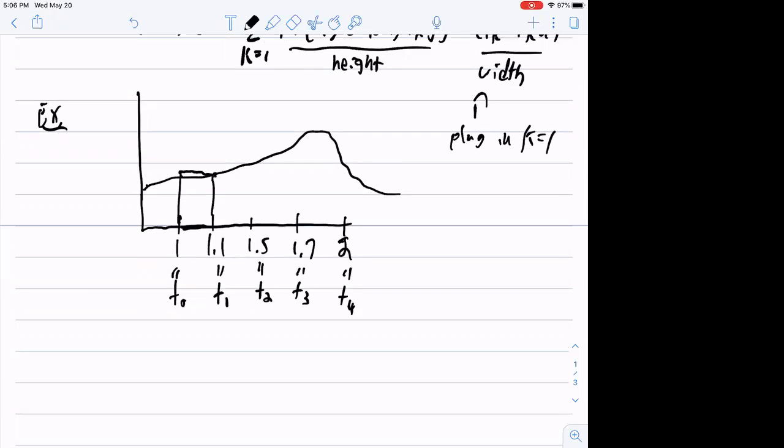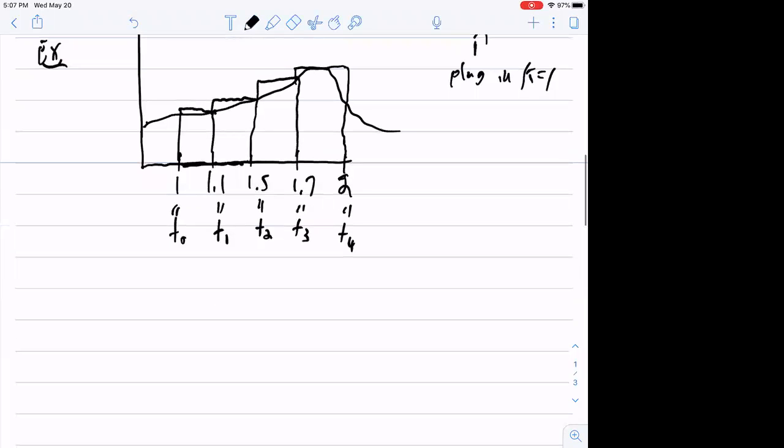Then I go to the next one, take the width, and since it's increasing, the sup is here. Then the next one, where the sup is right there. It's the area, so we add them up, and that's the upper Darboux sum.